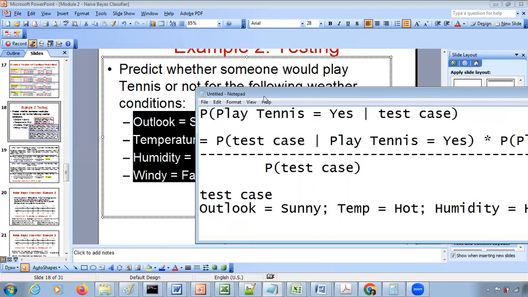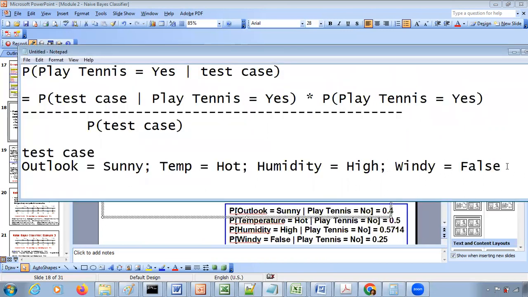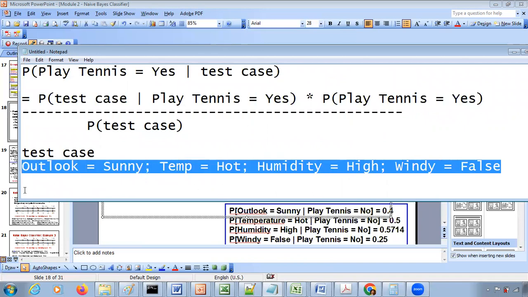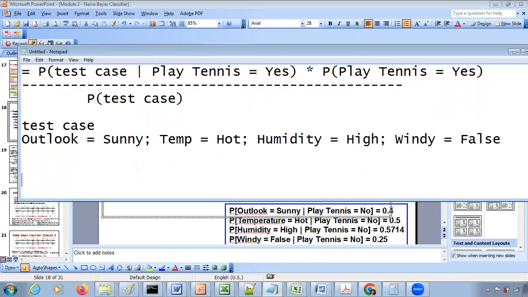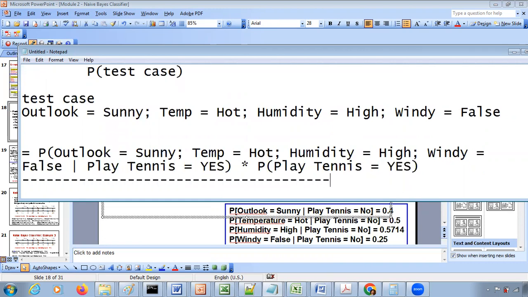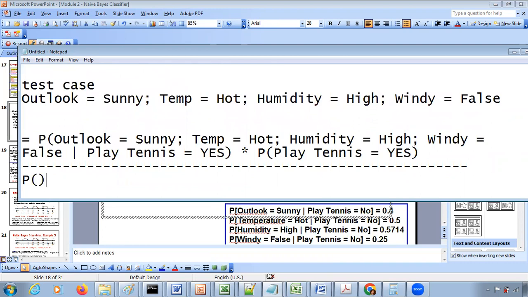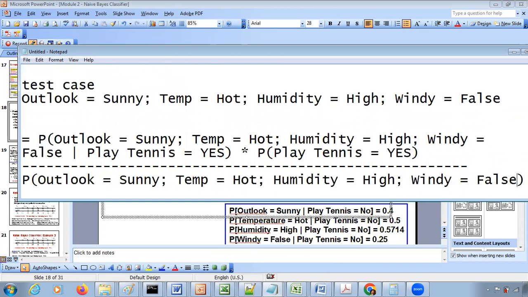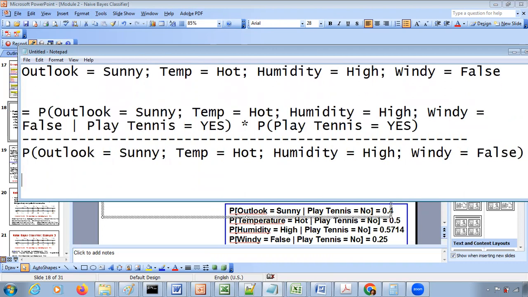So we have to now compute: probability for these test case values to occur, given that the person played tennis equals yes, times the unconditional probability of play tennis equals yes, divided by the probability of these feature values, the absolute probabilities.